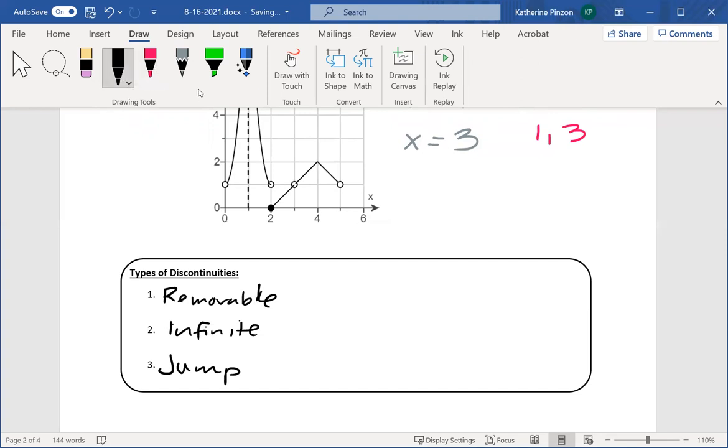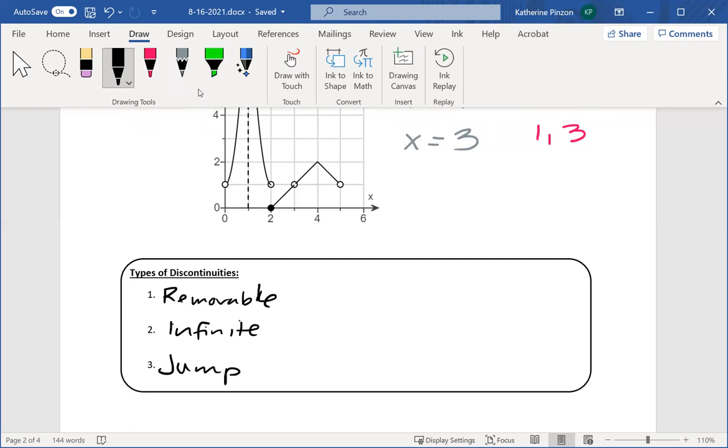Which of those 3 do you think is easiest to define? Jump. Okay, so what do you think a jump discontinuity is? It looks like what happens up there in the graph at x equals 2, right? So it has this big break in the graph.